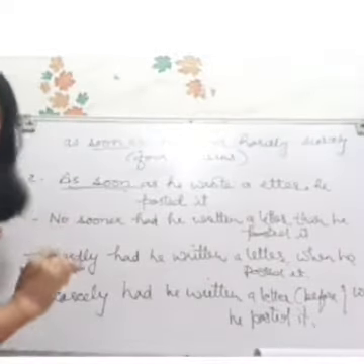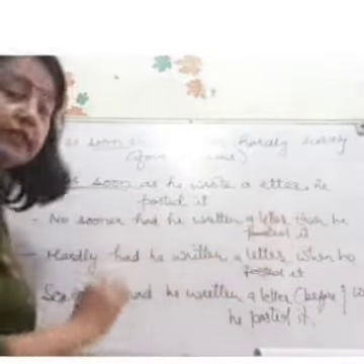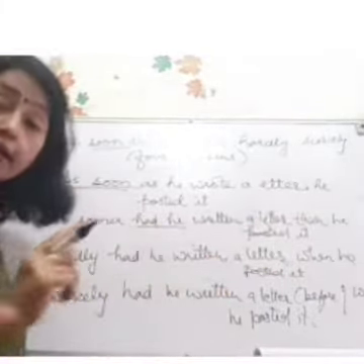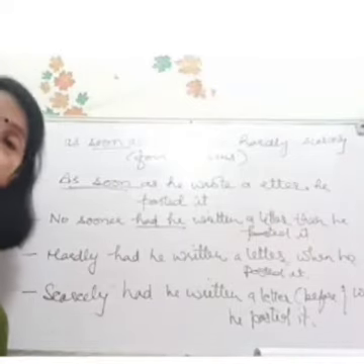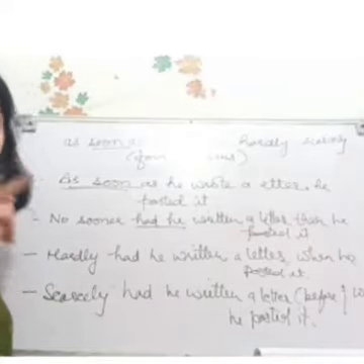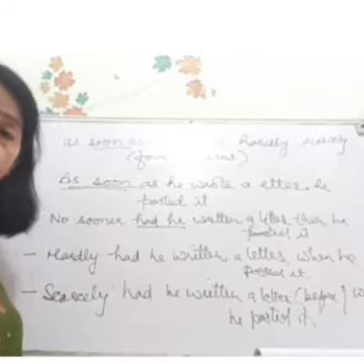Now when you change it into no sooner: no sooner had he written a letter than he posted it. Had he. I have told you in the beginning that you can use did also, but with did we use the first form of verb. With had we use the third form of verb. Okay.